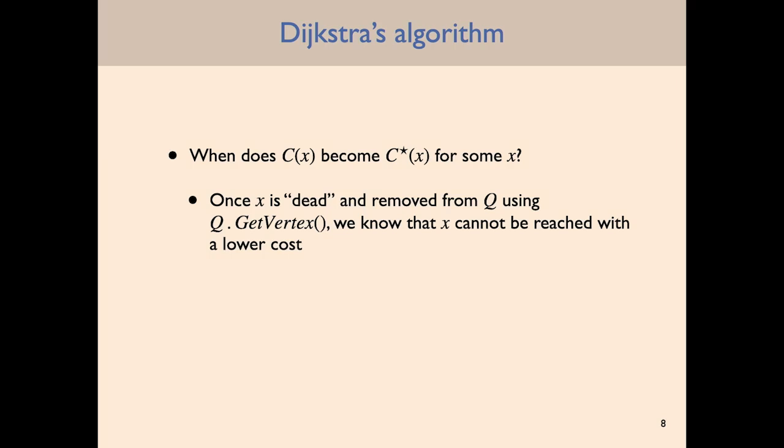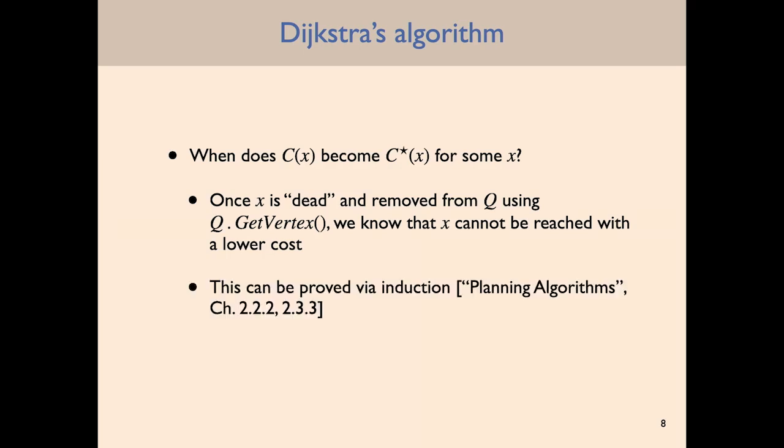But when does C of x become exactly equal to the optimal cost to come for a given vertex x? It turns out you can prove via an induction-based argument that once x is dead, so basically once you take out x from the queue and explore its neighbors, the estimate C of x for that dead vertex x becomes equal to the optimal cost to come C star of x for that vertex x.